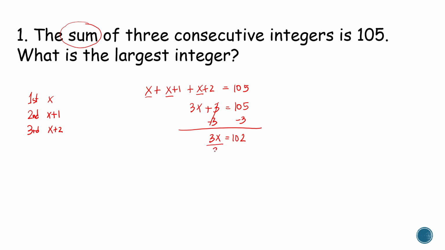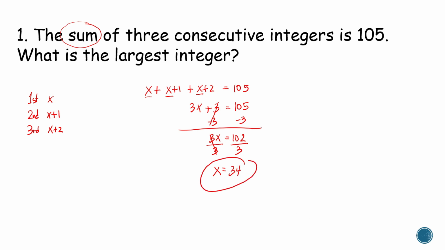And finally, divide by 3 on both sides. 102 divided by 3. What is our answer there? Correct, it's 34.